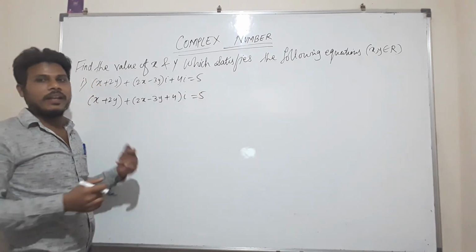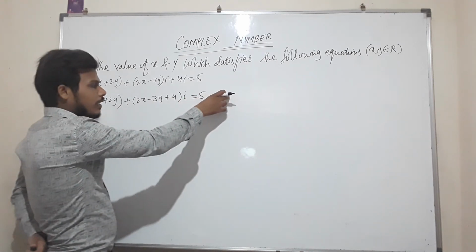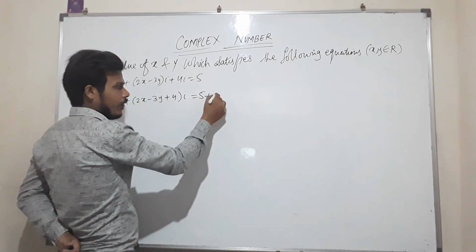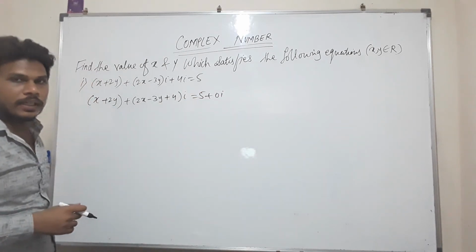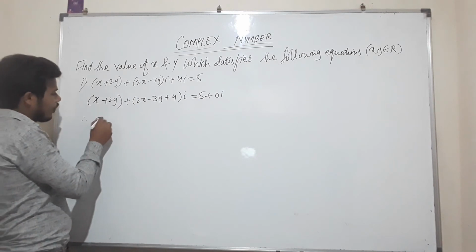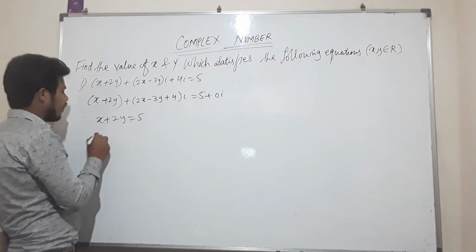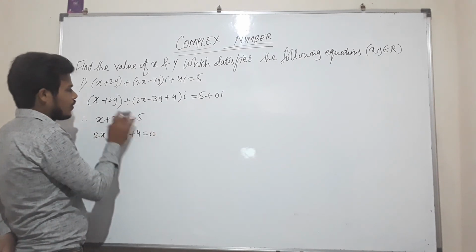Now we will compare left hand side and right hand side. In right hand side there is no imaginary part, so we will take 0. We can write 0i because there is no imaginary part in right hand side. Therefore x plus 2y is equal to 5 and the second equation will be 2x minus 3y plus 4 is equal to 0.